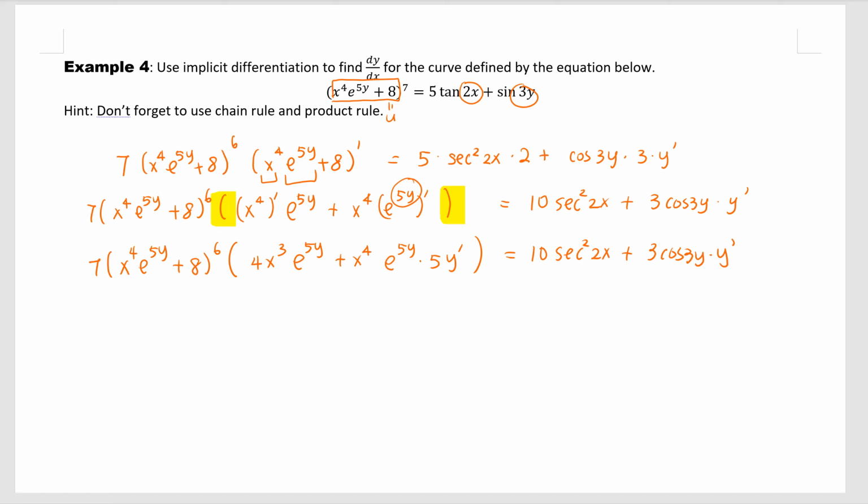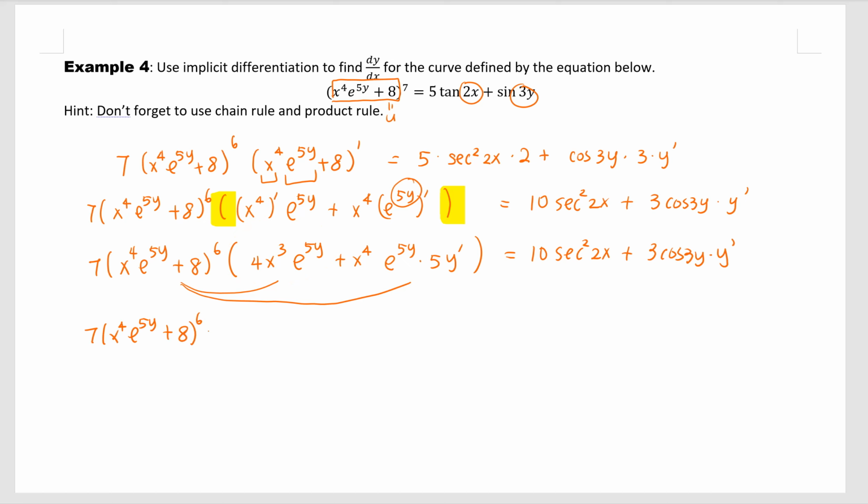Okay, now you see this is one term, right? But inside this term, this guy has no y prime, this guy has y prime. So you need to separate them. Yeah, you need to separate them. Okay, so how do you separate? Well, distribute. This guy times this guy is 7x to the fourth e to the 5y plus 8x to the 6 times this guy.